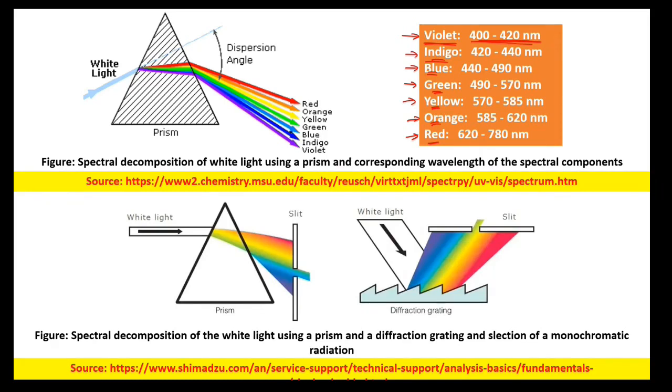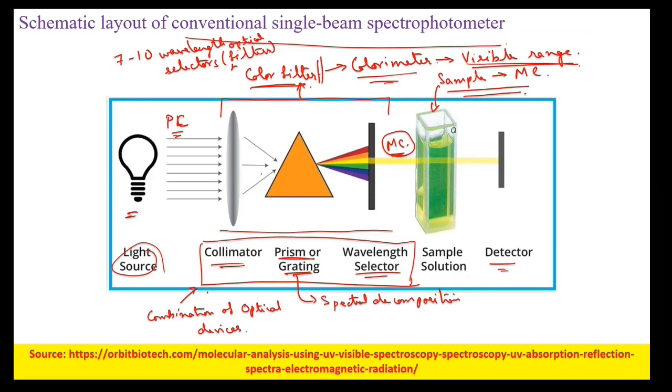Okay, so that means the wavelength span is 20 nanometer. However, if you use any UV spectrophotometer, due to the motorized activity of the prisms or grating and the wavelength selector, you can get a very narrow band of monochromatic light. So that is one of the major disadvantages.